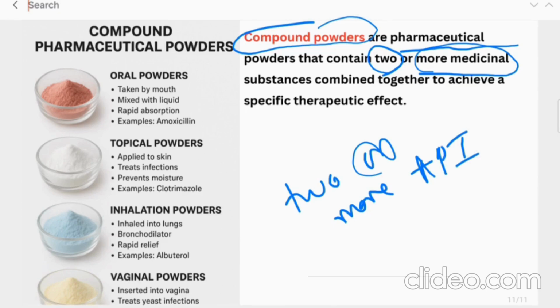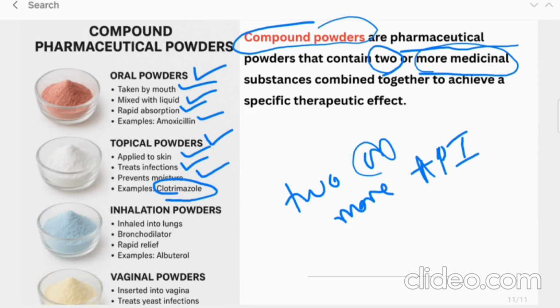There are various examples, like oral powders which are taken by mouth mixed with liquid, with rapid absorption, for example amoxicillin. Then some powders which are used on the body surface, that is topical powders. They are applied to the skin to treat various infections and to prevent moisture. Example: clotrimazole, an antifungal drug.